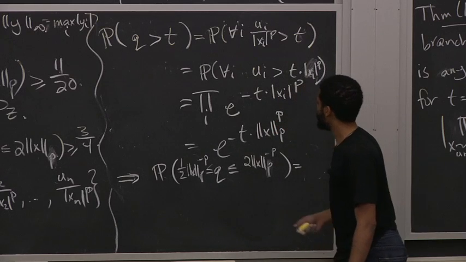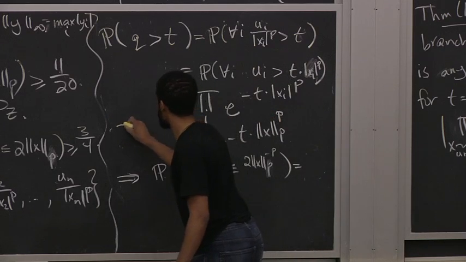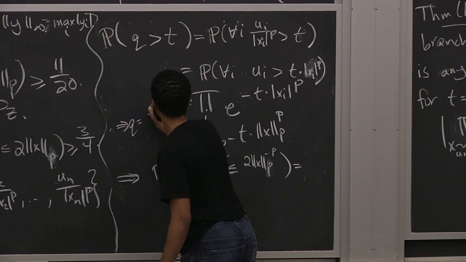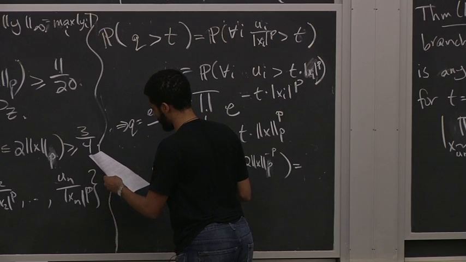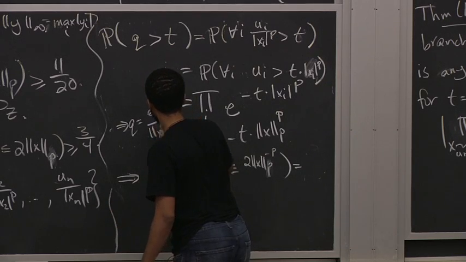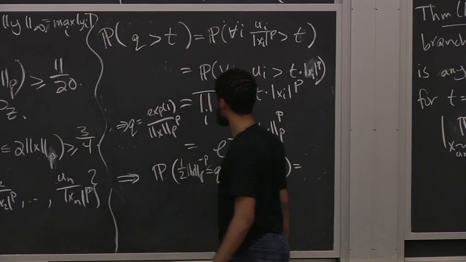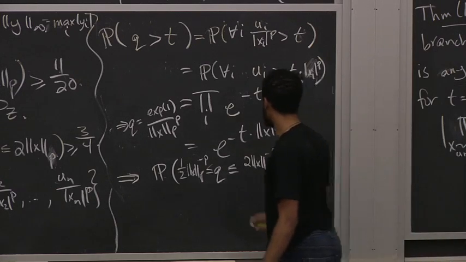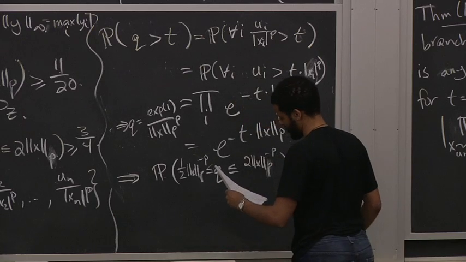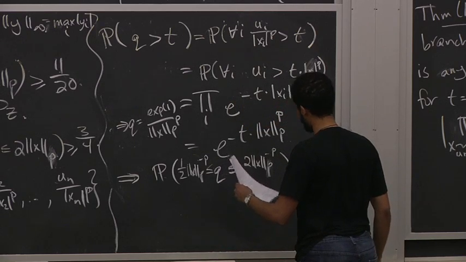Okay, so this thing here, basically, this implies that Q is an exponential random variable divided by the Lp norm to the p. Right?